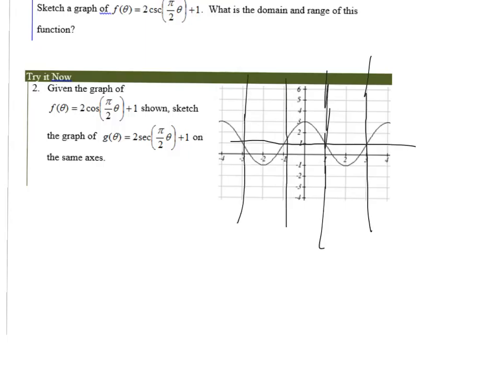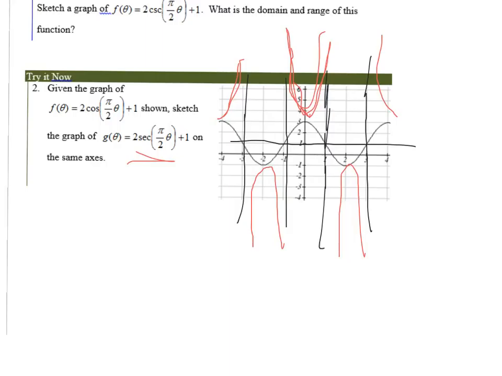And then we're going to have it come down, kiss the graph. Over here, I'm going to only draw that part of it. Same here, come down, kiss the graph, cross the asymptote, up, kiss the graph. Okay, so that red graph is the graph of the secant. So I hope that helps.